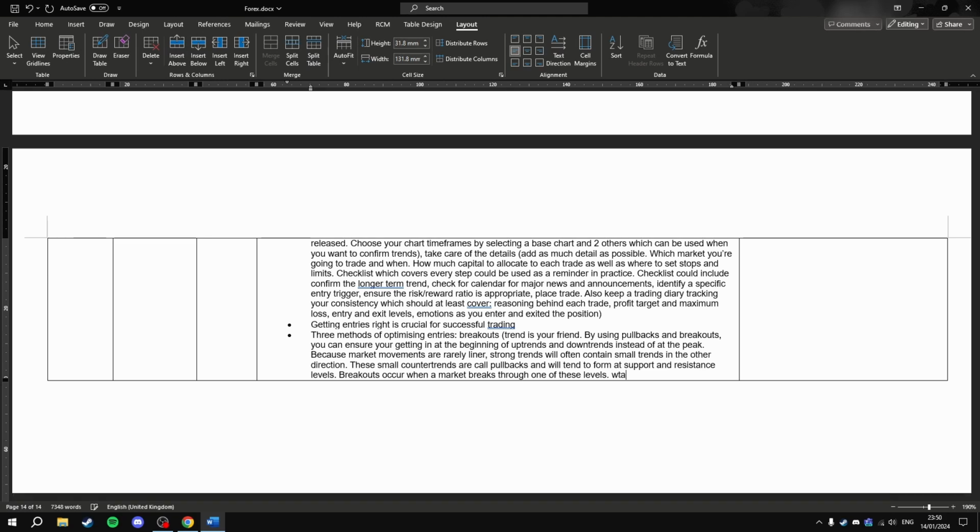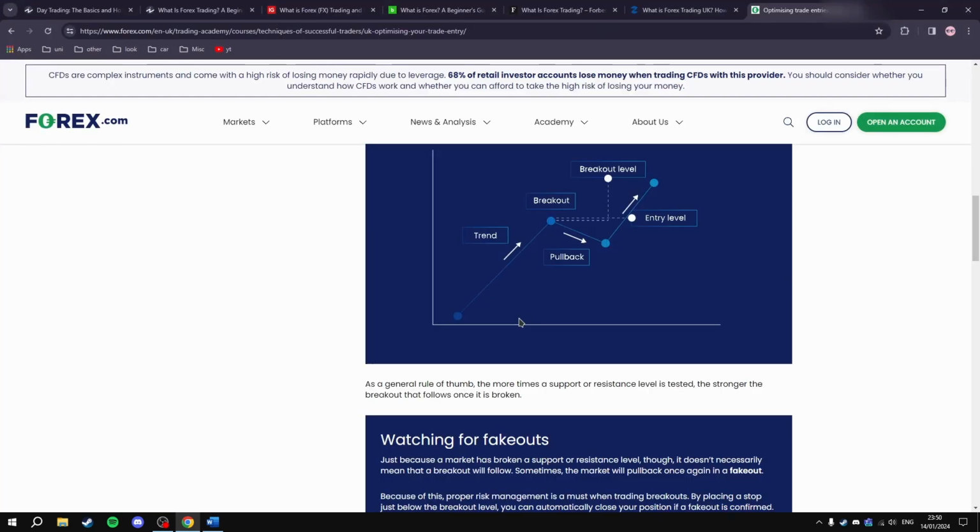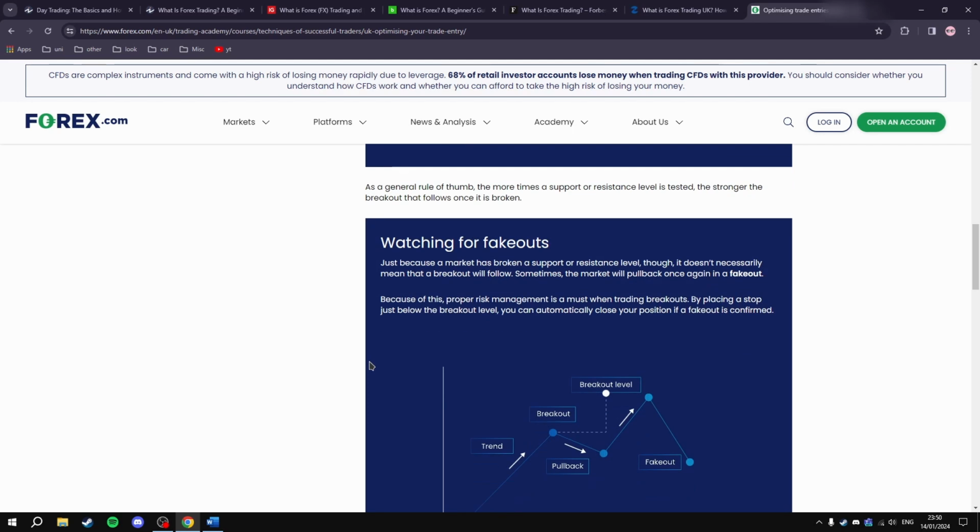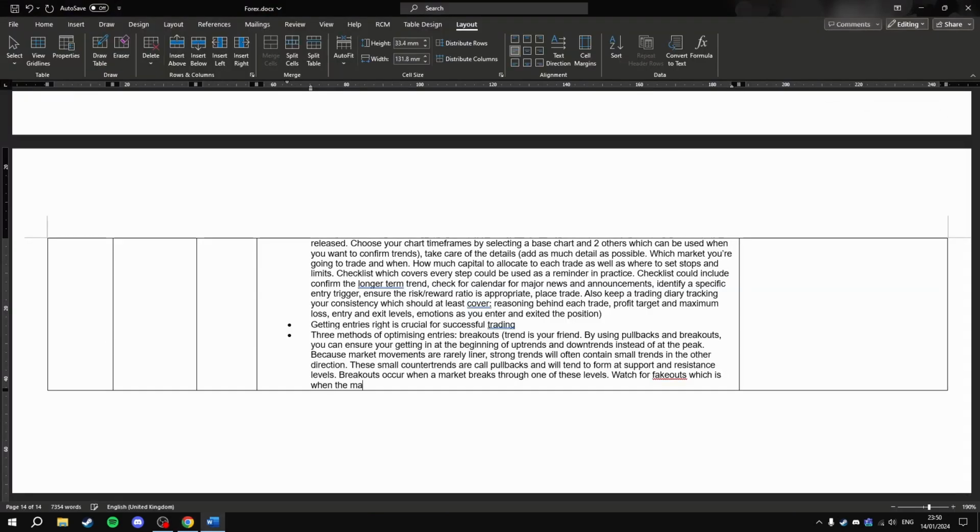Watch for fake outs, which is when the market will pull back once again after a breakout.